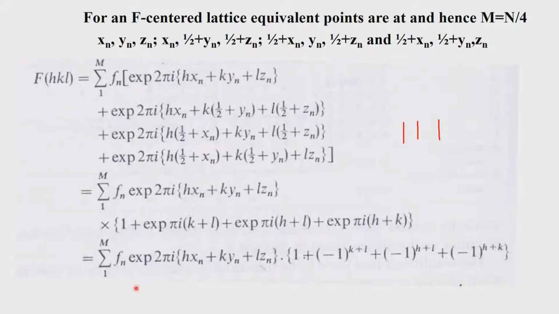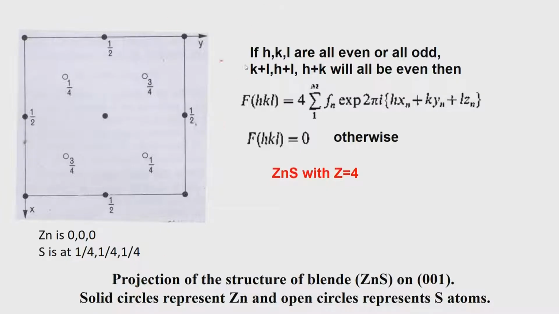We will go to the next slide and come back again. This slide tells me that if HKL are all even or all odd, so our 1 1 1 is all odd, then if you add them, k plus L will become 2, H plus L is also 2, and H plus k is also 2.